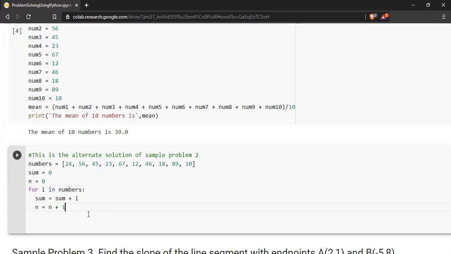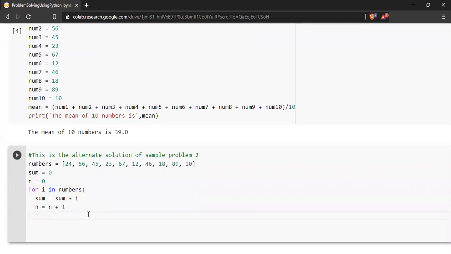I will be explaining this further when we reach this topic. And then we are going to increment n. So the value of n, I mean. So n now is equal to 1. That refers to the first number. After that, I will exit the loop.